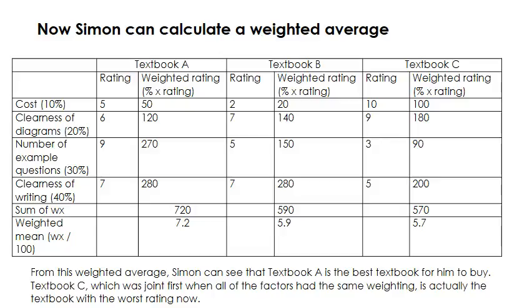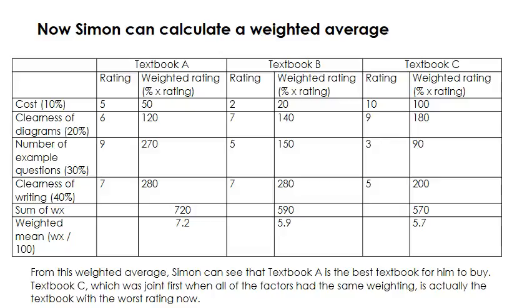The clearness of the diagrams, we decided, would be worth 20%, so it's 6 times 20, which is 120. The number of example questions is 30%, so 9 times 30 is 270. And the clearness of writing had the highest weighting of 40%, so 7 times 40 is 280.